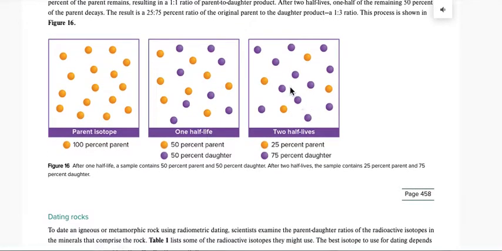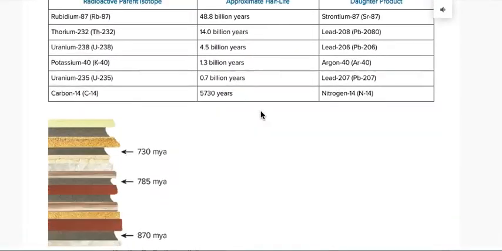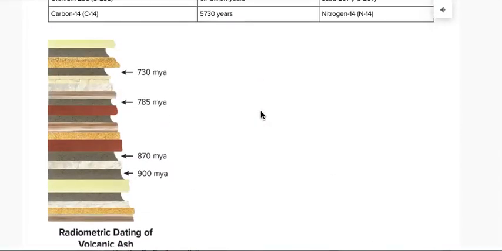And if it was about 25% uranium and 75% thorium, we would know that it had gone through another half-life. So 4.5 billion years plus 4.5 billion years, which would be 9 billion years old would be the sample.